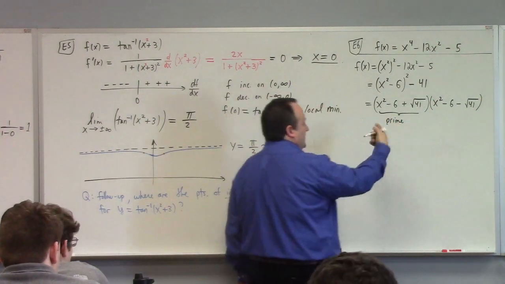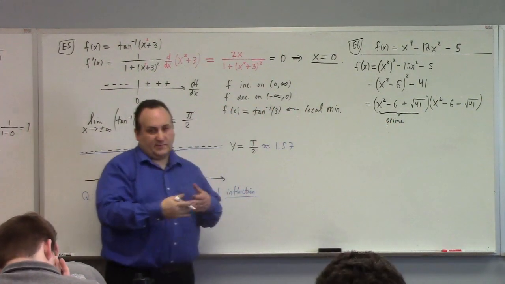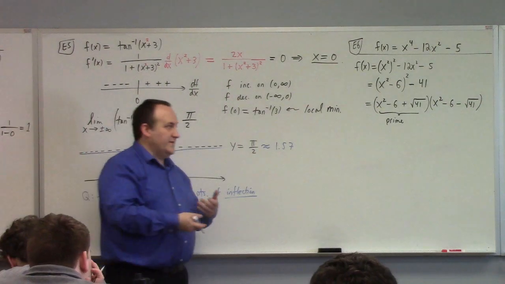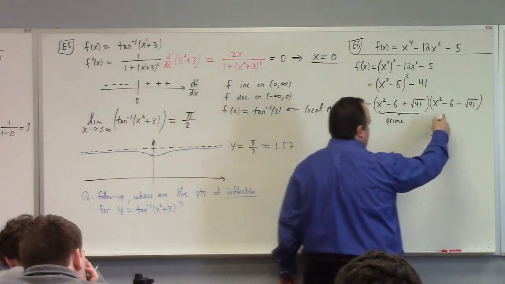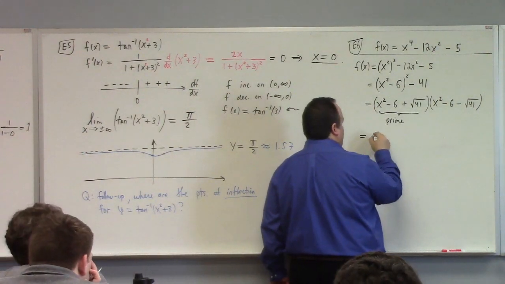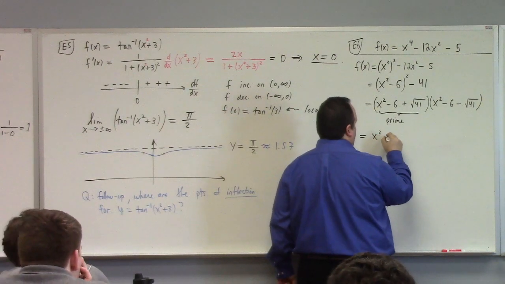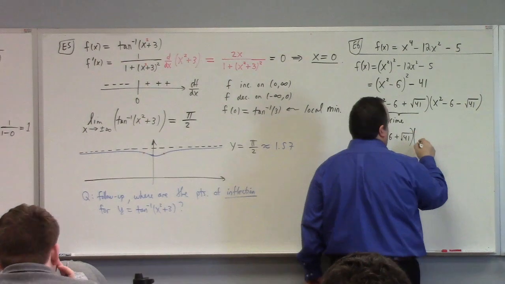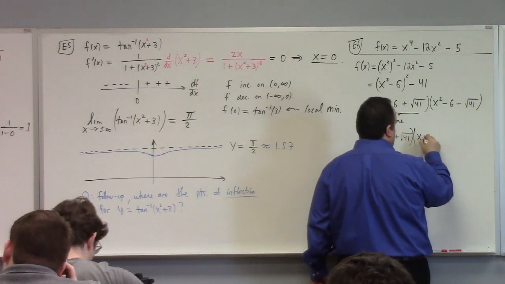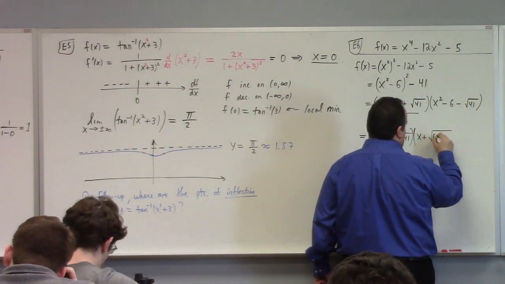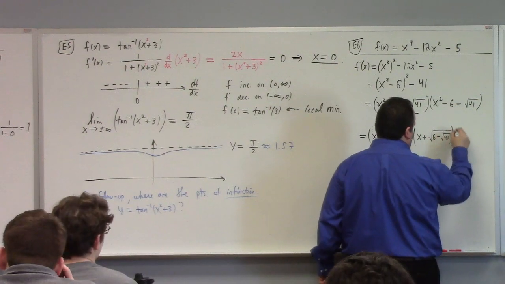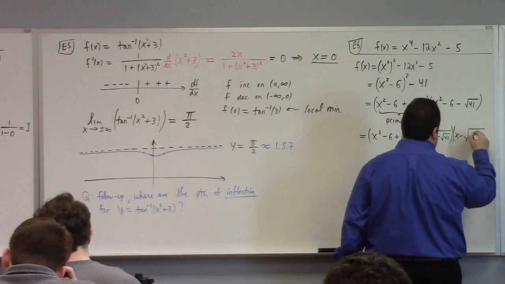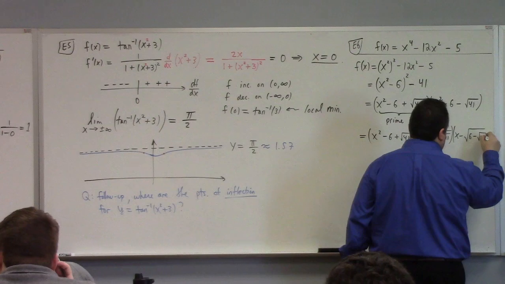It's irreducible. That cannot be factored because it's x squared plus a positive number. On the other hand, the second one, annoyingly, can be factored. And it factors as the following: x plus the square root of 6 minus the square root of 41, x minus the square root of 6 minus the square root of 41.